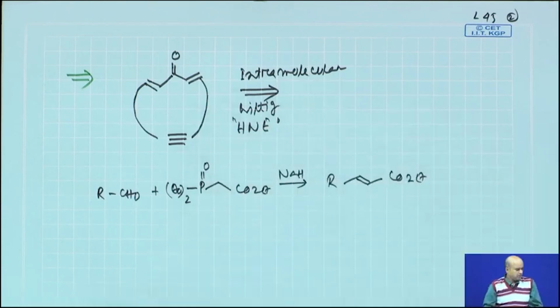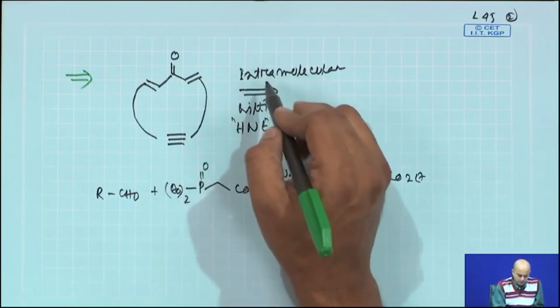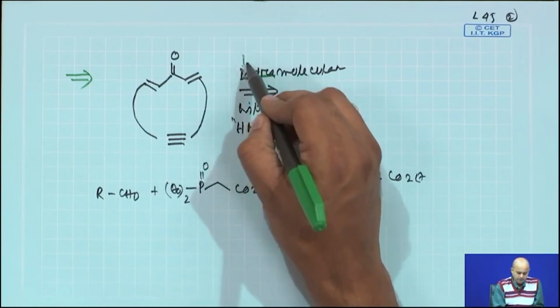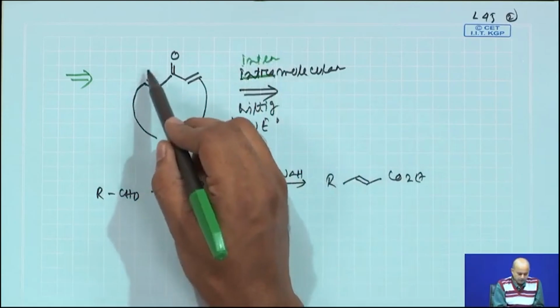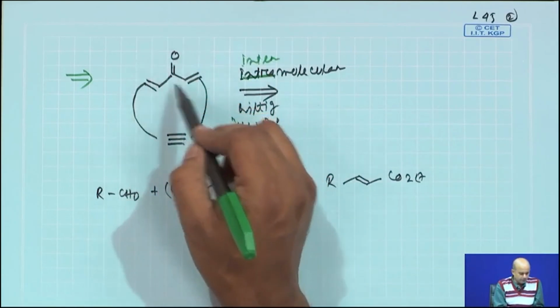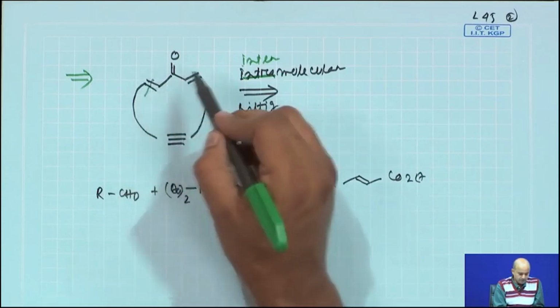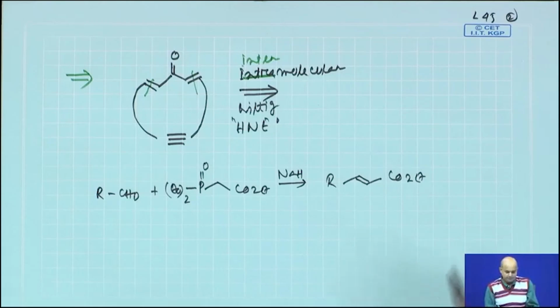Now here what I proposed, it is not an intramolecular Wittig actually, it is basically an intermolecular Wittig. We propose that this part you will be creating and this part you will be creating. So this particular double bond is coming from a Wittig, fine.